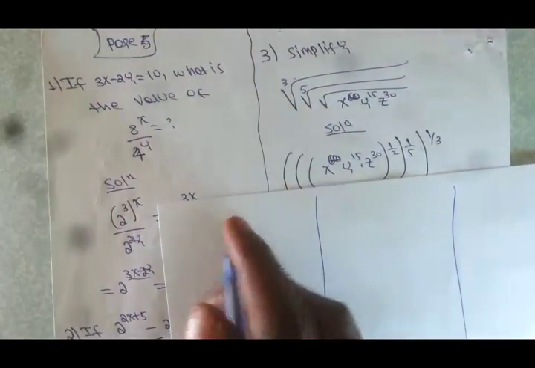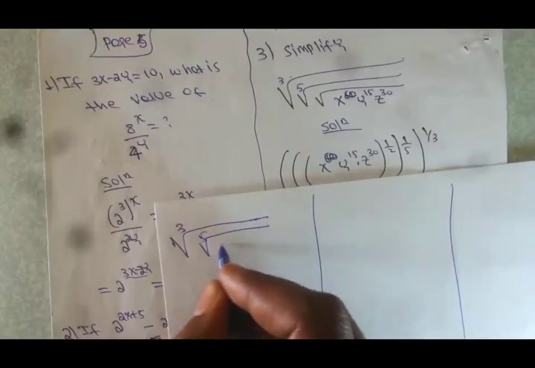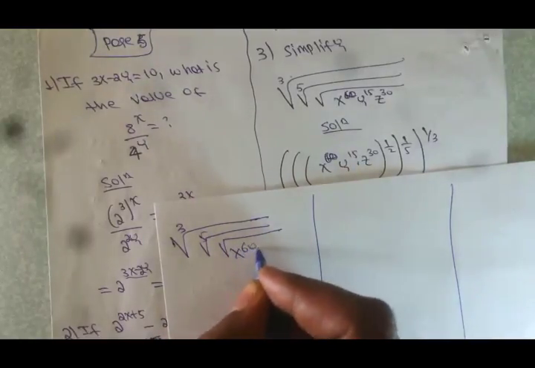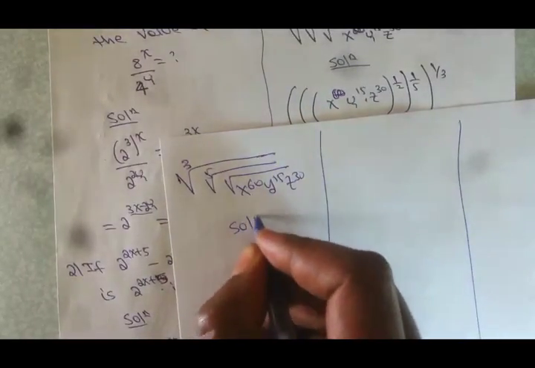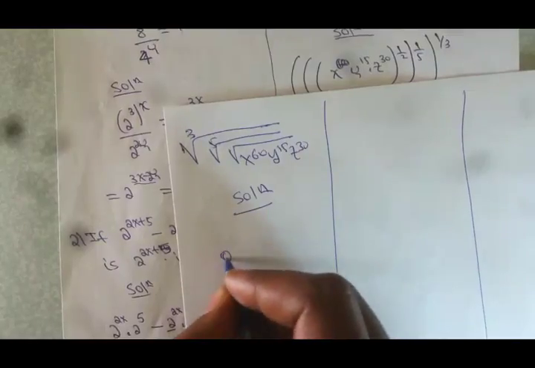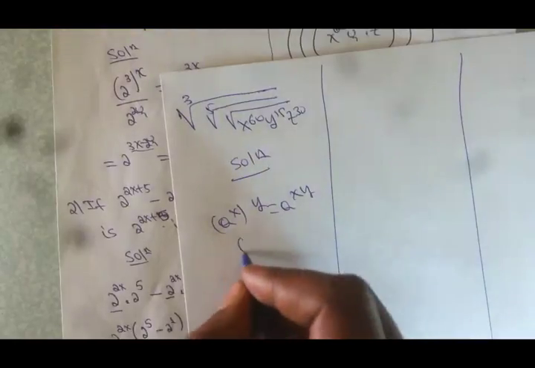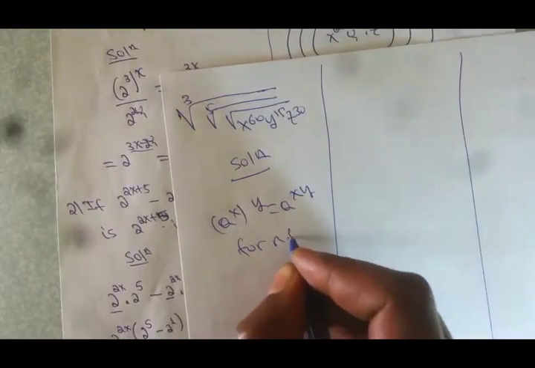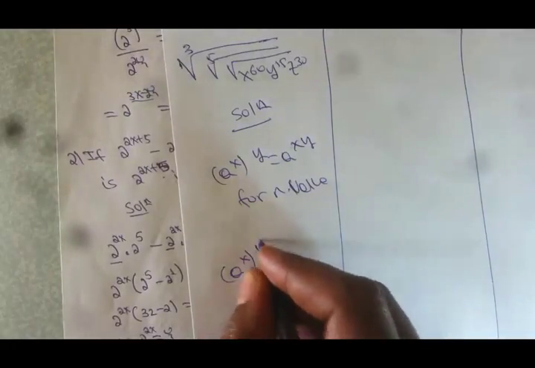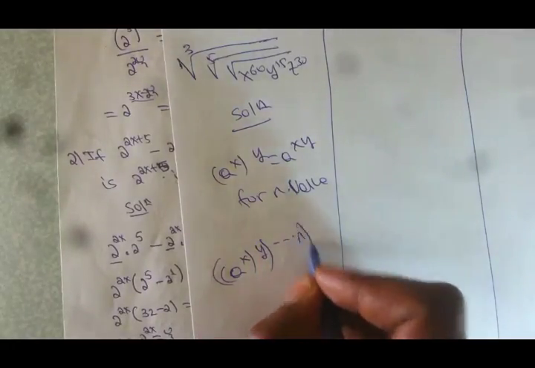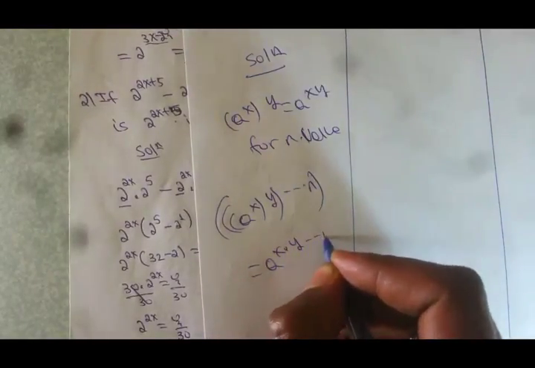And we are asked to find the cube root of the fifth root of the square root of x raised to 16 times y raised to 15 times z raised to 13. Solution. We know that for the function a raised to x raised to y is equal to a raised to xy, and for n values, a raised to x raised to y raised to n is equal to a raised to x times y up to n.